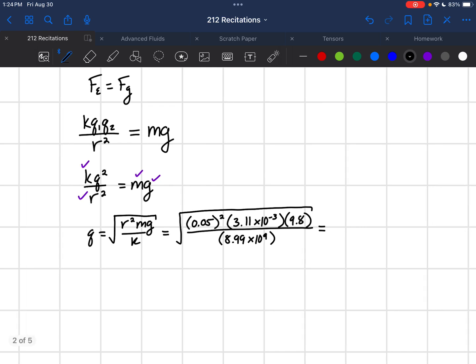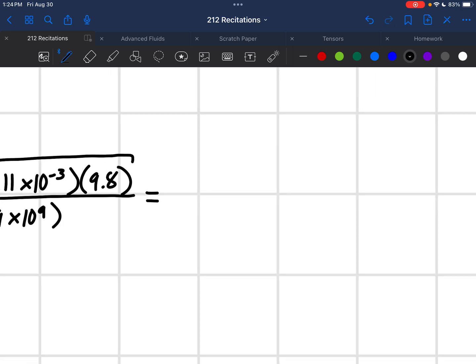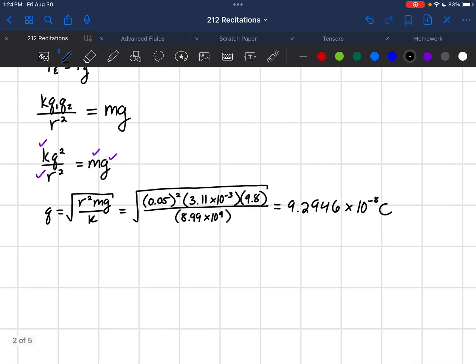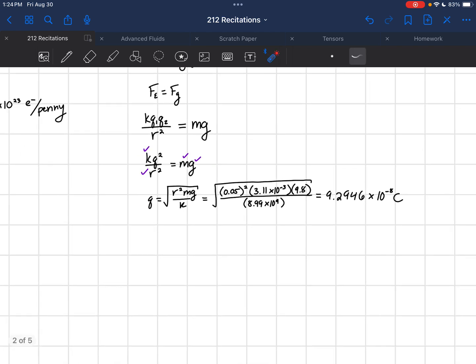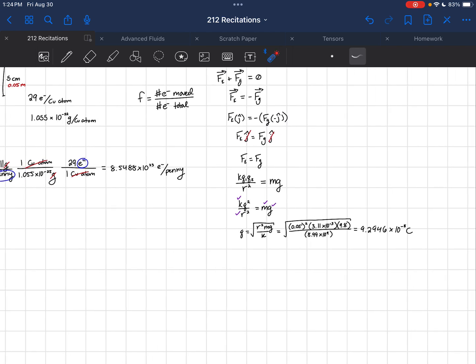So, solving for that, the charge required to lift up the penny is going to be 9.2946 times 10 to the negative 8 coulombs. Beautiful. So we're almost there. I know the charge that I have to move in order to lift the penny.